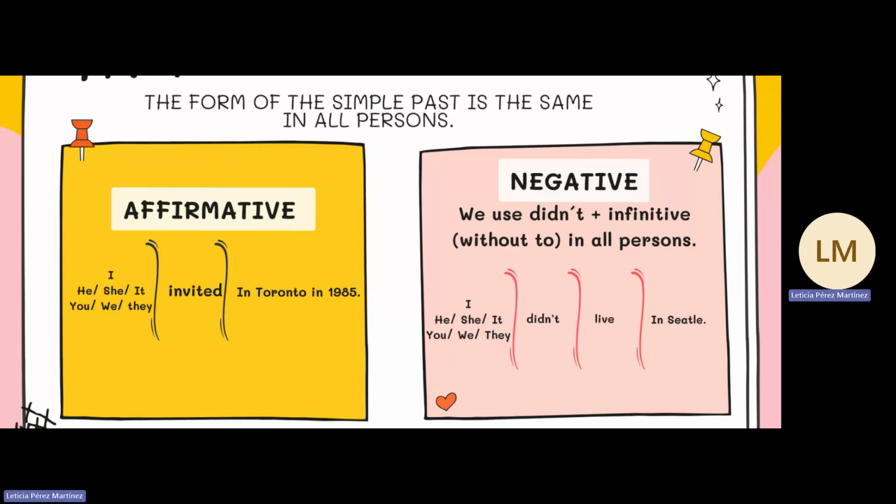I mean with all pronouns. And one more time we have I, you, he, she, it, we, and they. Then the auxiliary didn't, but the verb here is in a simple form, live. I didn't live in Seattle.